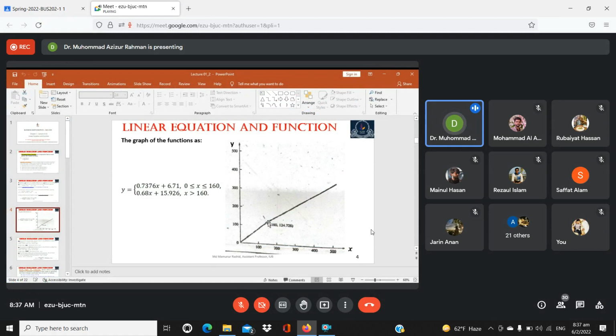So you get two different lines, connecting different rates. This is your graph. You can see the rate is different. You can see two different slopes in this line because you are using two different cost functions. Yes, sir. So this way, we can draw the graph.